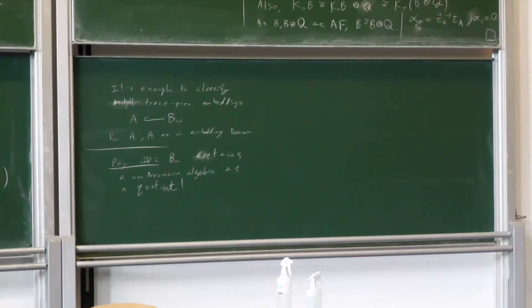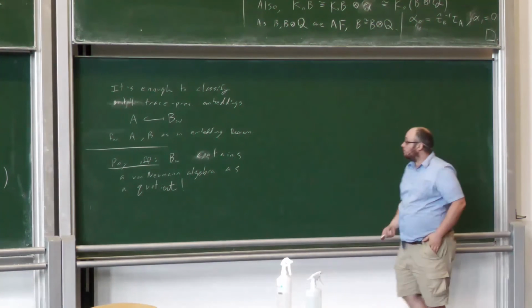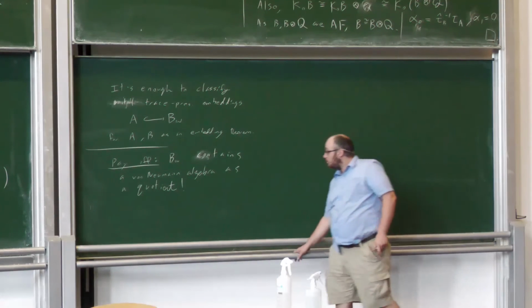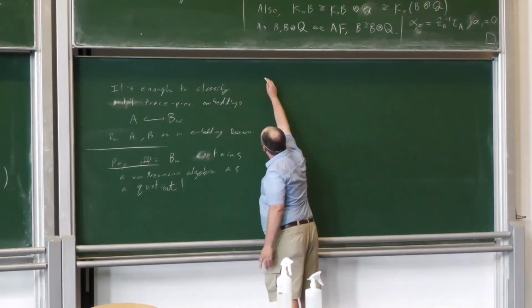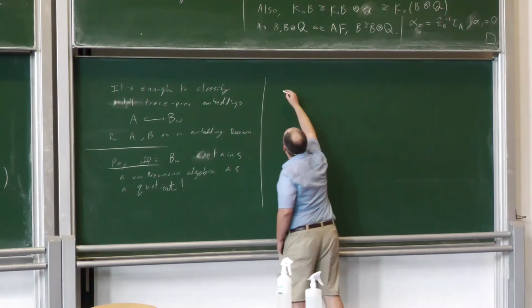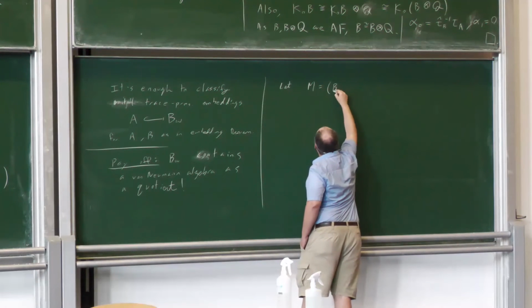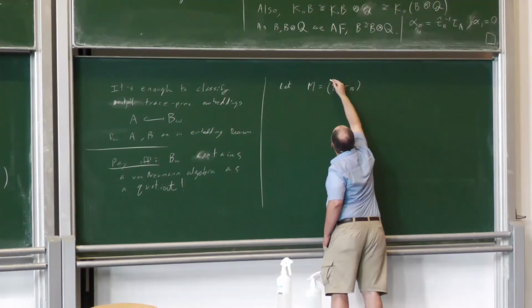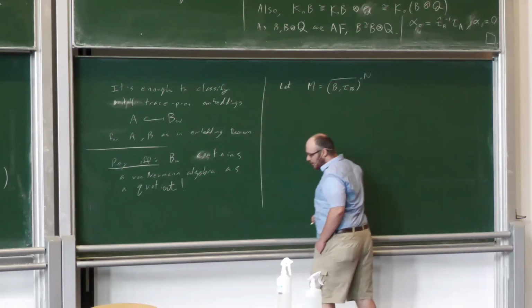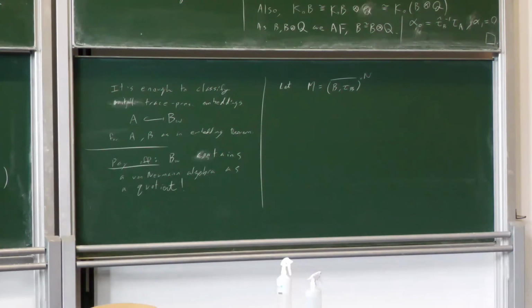And it's the structure of that quotient that we're really going to take advantage of. It's not just any von Neumann algebra either. I'll write M for the von Neumann algebra completion of B with respect to the trace, so the strong closure of B in its GNS representation.